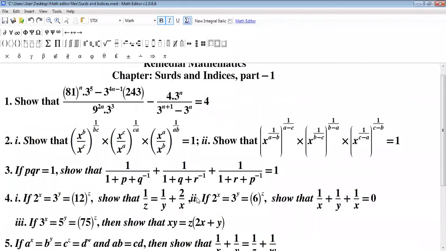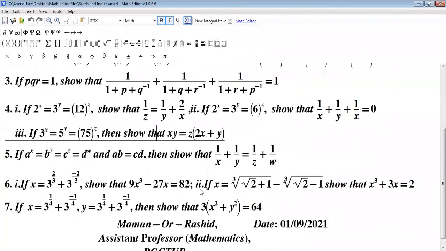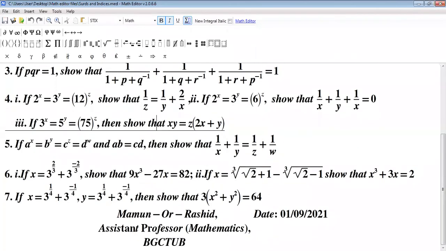So if you practice more and more, you can easily understand. Okay, thank you everybody. If you practice more and more, you can solve these types of problems, and you can do homework from the examples in your chapter.